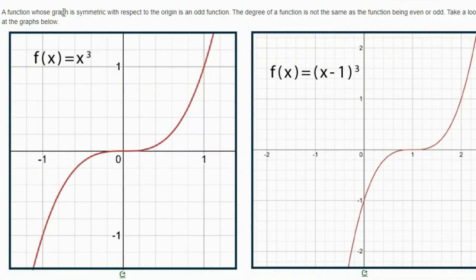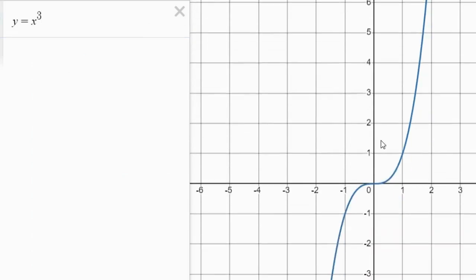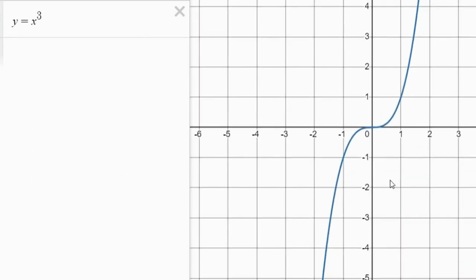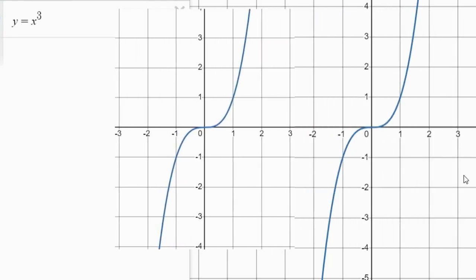A function whose graph is symmetric with respect to the origin. What do you mean symmetric to the origin? That means if you rotate it 180 degrees, it looks exactly the same. You have to rotate it 180 degrees to be exactly the same. So, y equals x to the third. If we rotate this 180 degrees, it still looks exactly like it does right now.